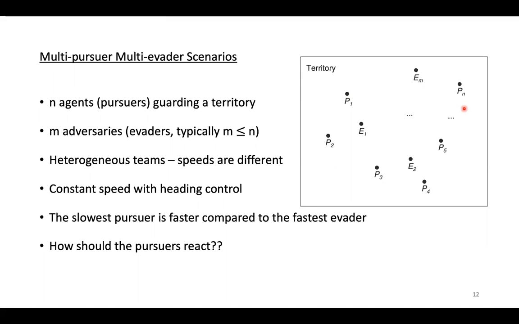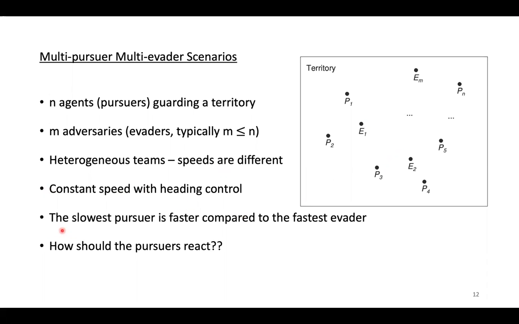How should these N agents go about capturing these M evaders? And you can assume that the speeds of these agents are different. This is the most general case. And you assume, again, constant speed with heading control, which is simple motion. And one of the important assumptions that is required to even talk about capturing all these adversaries or intruders is this.